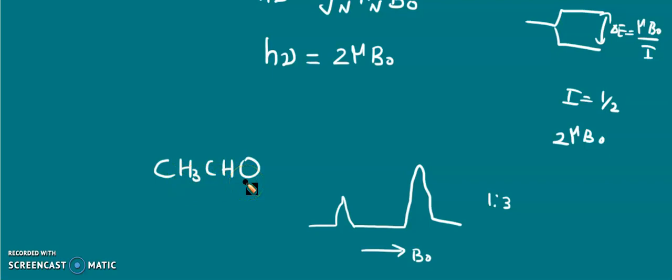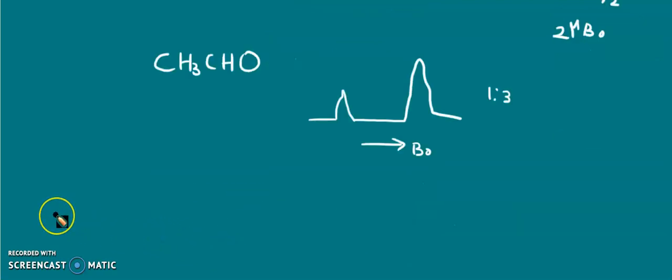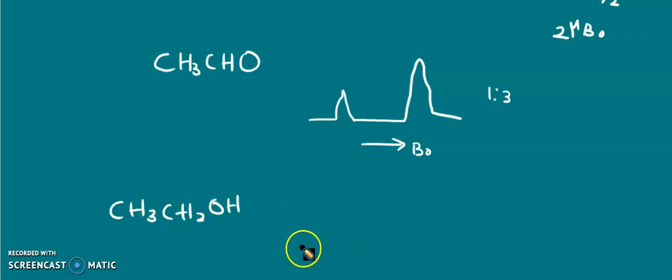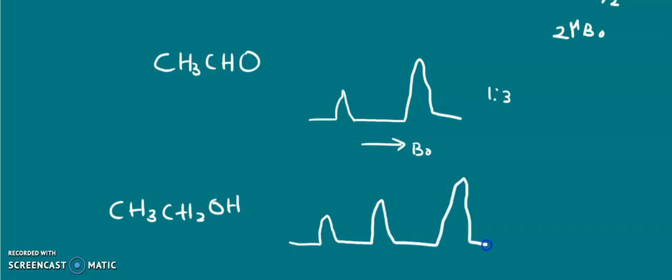Similarly, if we observe the NMR spectrum of ethanol, which is CH3CH2OH, we can see that there are 3 peaks. There are 3 types of protons here: one in the OH group, another in the CH2 group, and another in the CH3 group. For this we can see that there are 3 lines having intensity in the ratio 1:2:3.